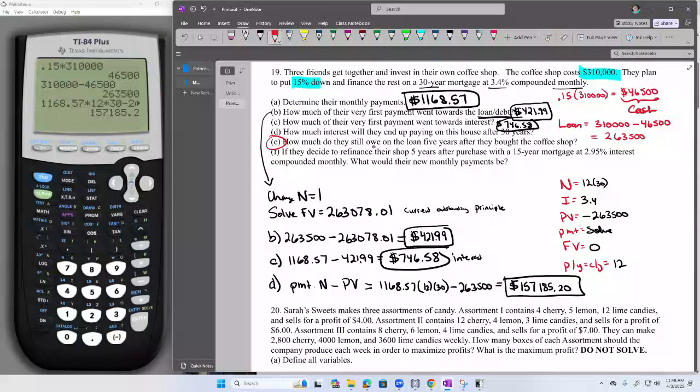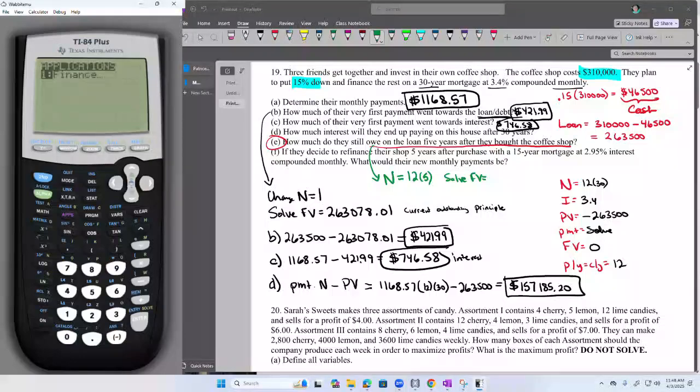Part E, how much do they still owe on the loan 5 years after they bought the shop? All right, so this is another one that causes people trouble. So you want to change your N to how many payments have already happened. They've been paying every month for 5 years. Solve for the future value, and it'll tell you how much they still owe. And so I'm going to go back to my apps, finance, TVM solver.